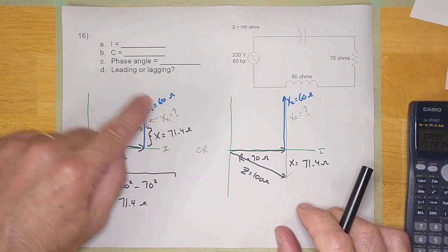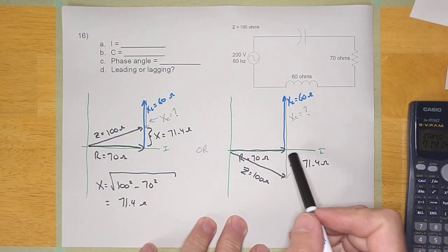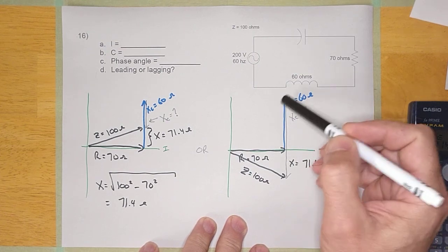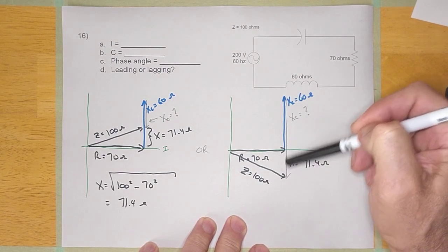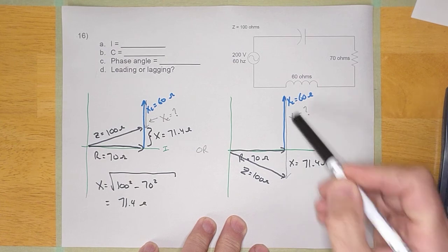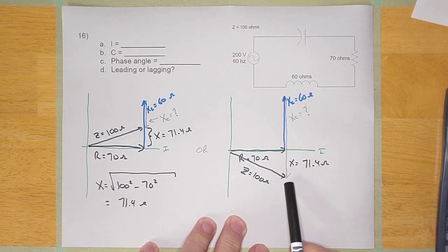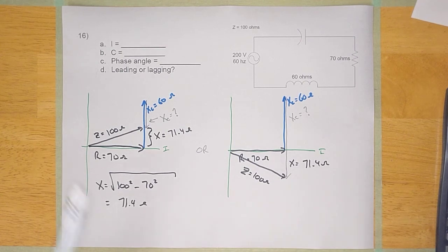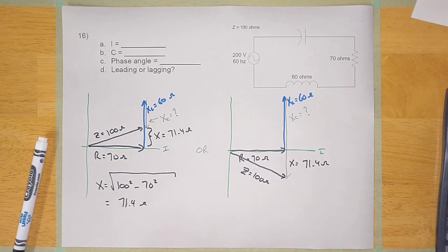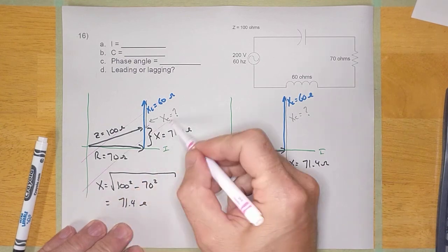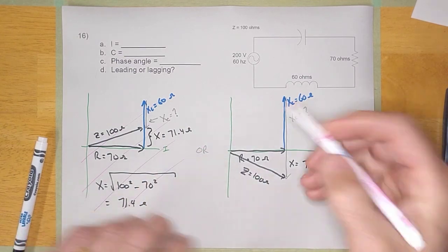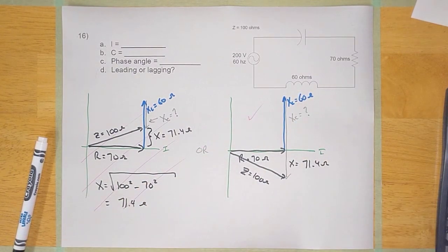So this one does not make sense. However, this one's possible. I mean, I got 60 up, and then this gray line here, which is XC, is longer than 60 plus another 71.4. So that means this is not true, and this is the correct circuit.